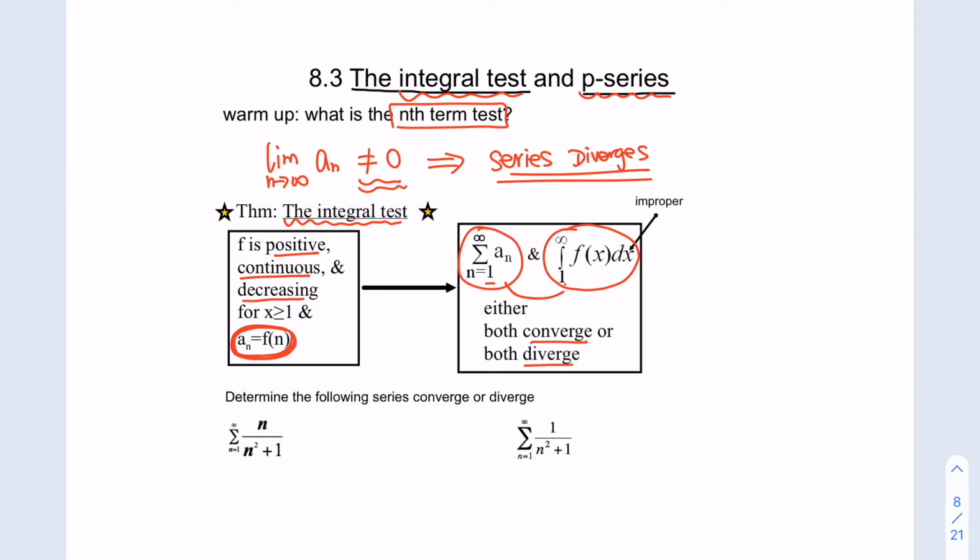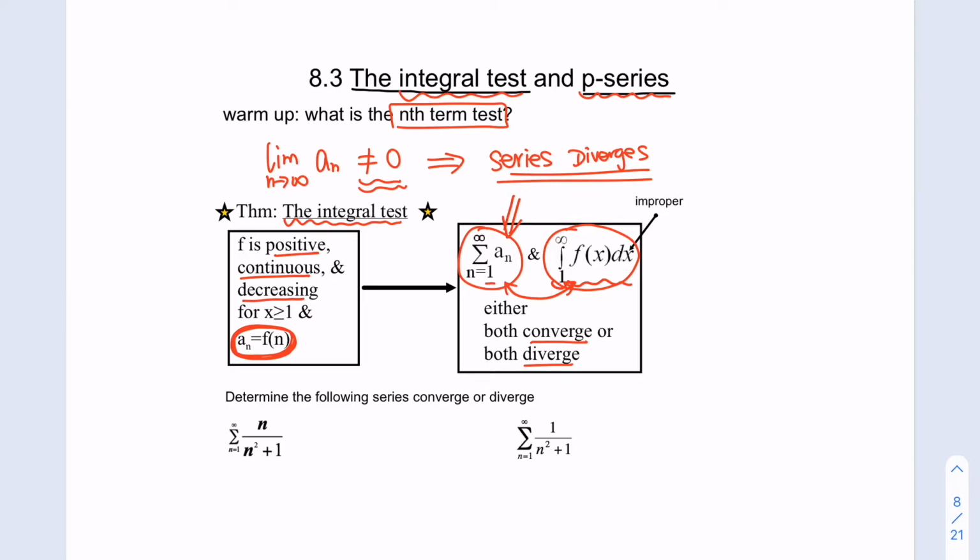So both of them have the same property. Instead of studying the convergence or divergence of the series, we can evaluate the integral. If the integral converges, then the series will converge.